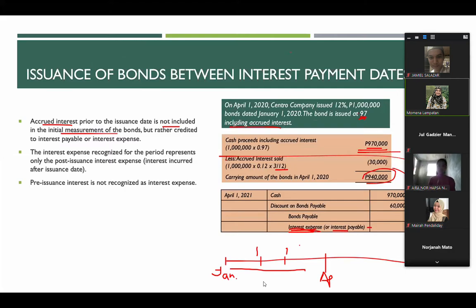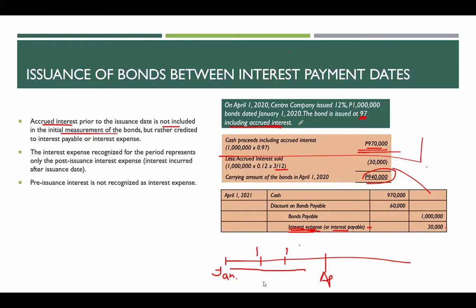Kasi sinabi ng problem, included siya dun sa 9.7. Okay, so dinidak natin. Pero kapag sinabi niyang excluded, of course, hindi mo na i-deduct. Pero hindi mo rin i-add kasi dapat hindi siya talaga kasali dun sa carrying amount ng bond. Okay, so pag silent ang problem, again, ang napag-usapan, excluded. Okay, excluded yung accrued interest.